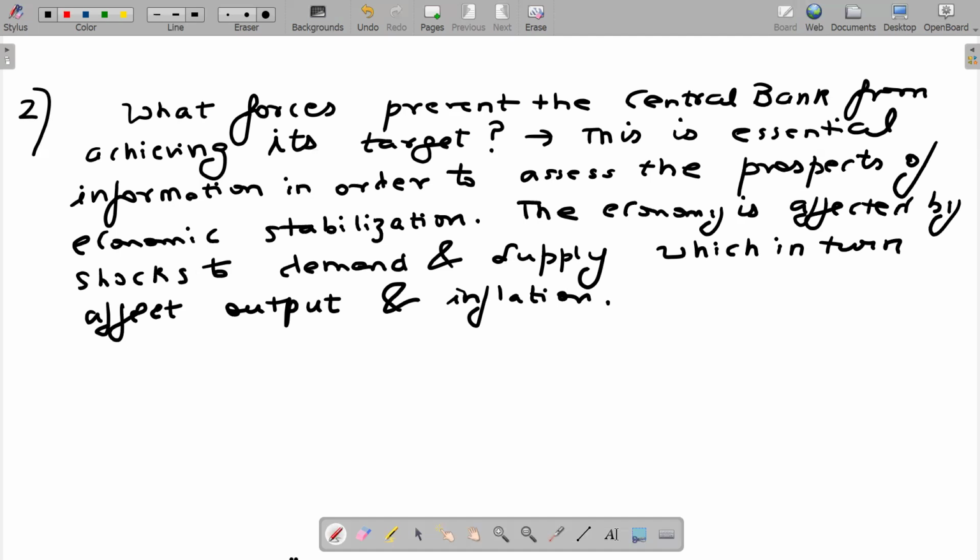Let's take an example. Suppose there is an unexpected boom.